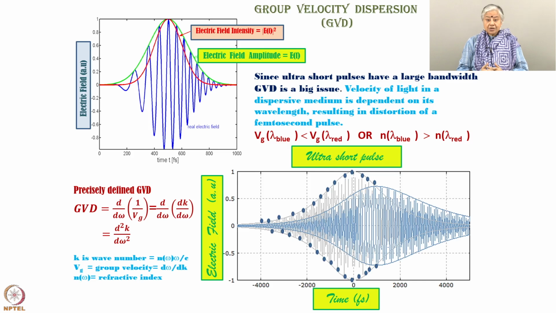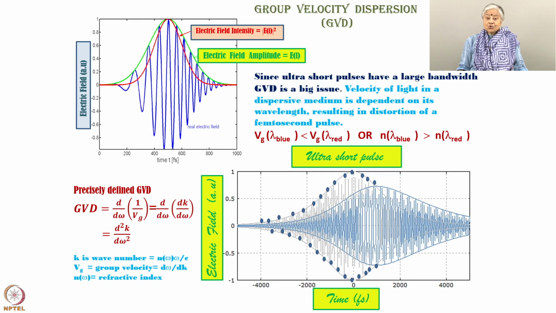Such a phenomenon of group velocity dispersion would not have come into the picture if you are talking of a long pulse length, of microsecond pulse, or even a nanosecond pulse. It will not come into the picture. But it does come into the picture because it is a very ultra short pulse length that we are talking about, and we are talking about very large bandwidths, lots of frequencies within that same pulse which exist.